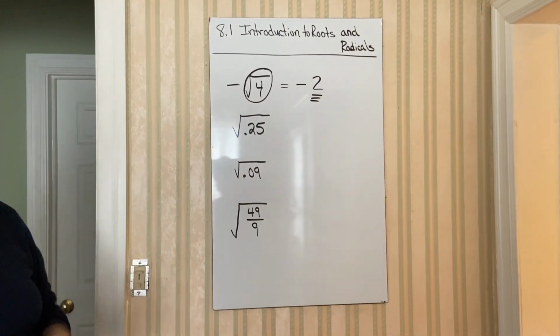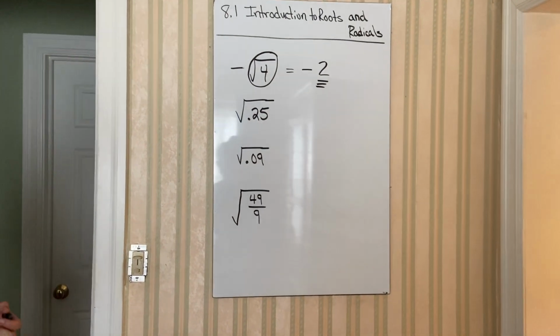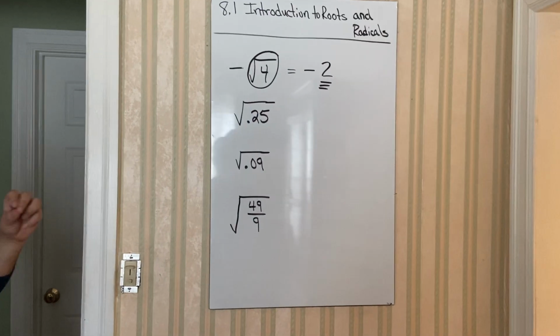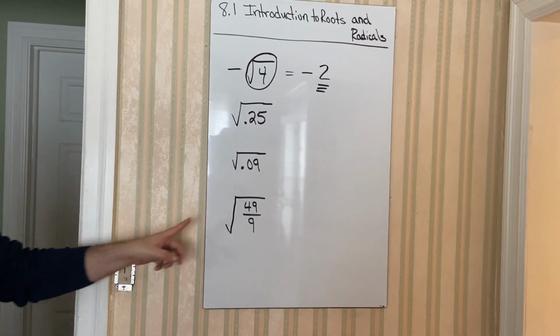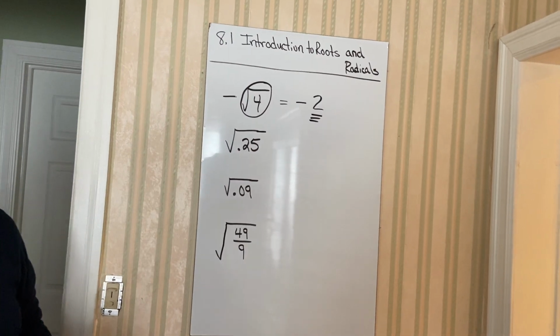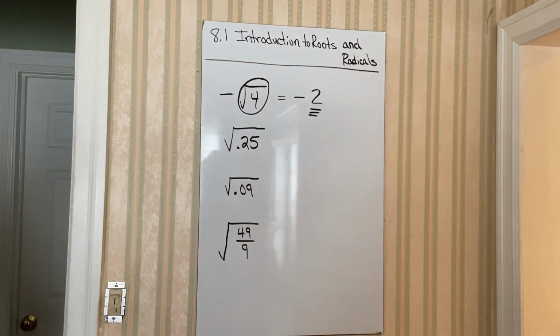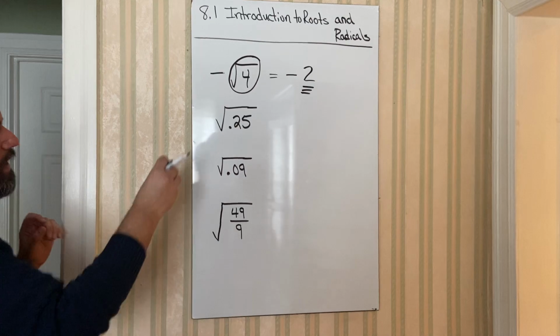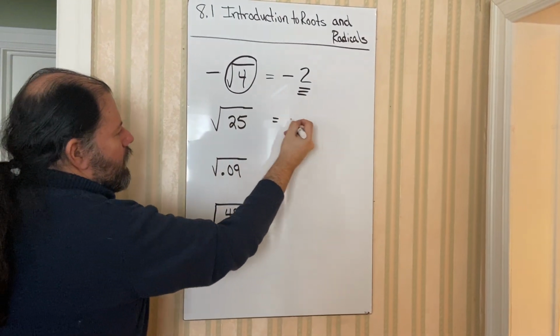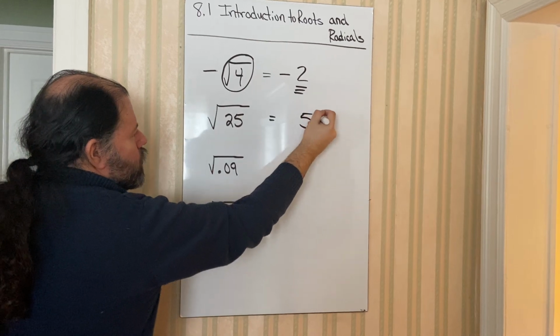For this one, you know that I don't have a whole number there. It's 0.25. All these we know are square roots, because you can see there's no number, so it's understood as a square. If this decimal point wasn't there, you know that the square root of 25 would be 5 squared.